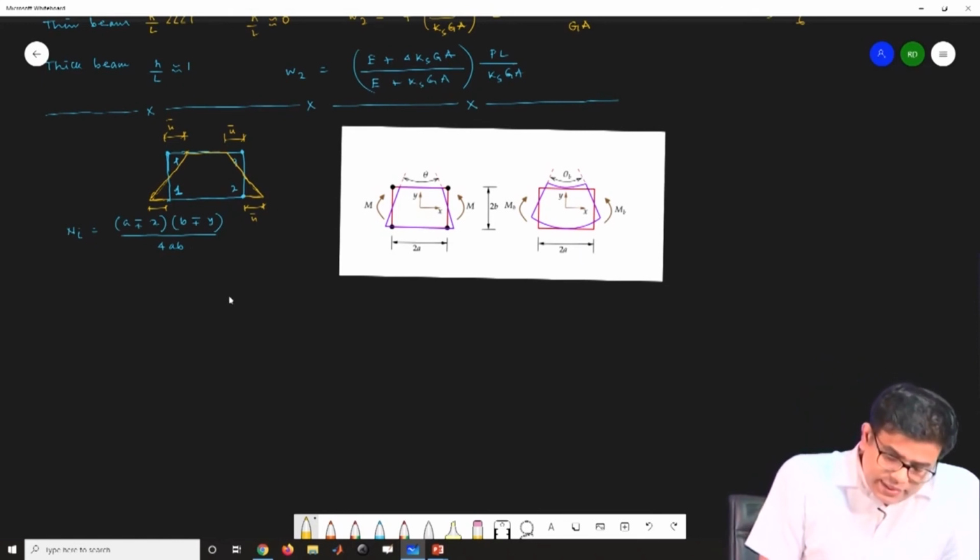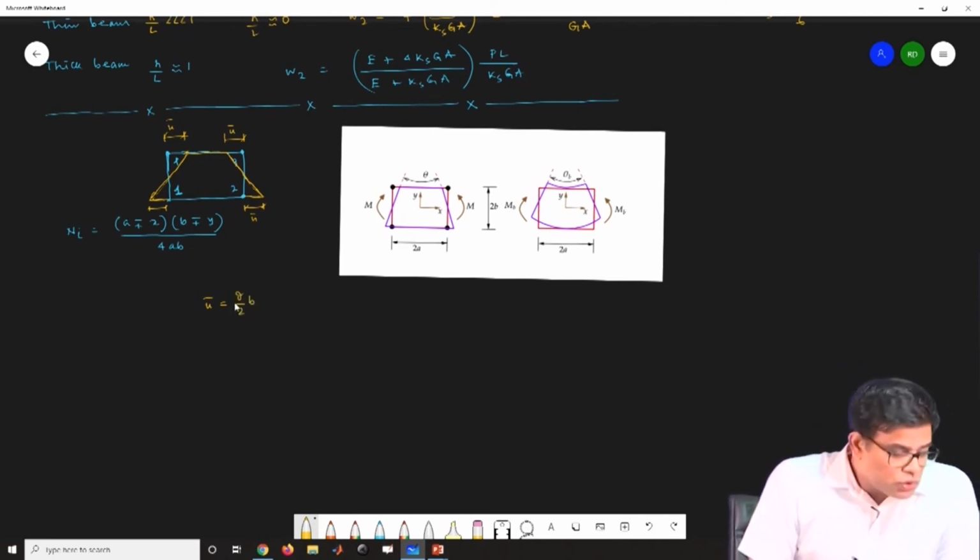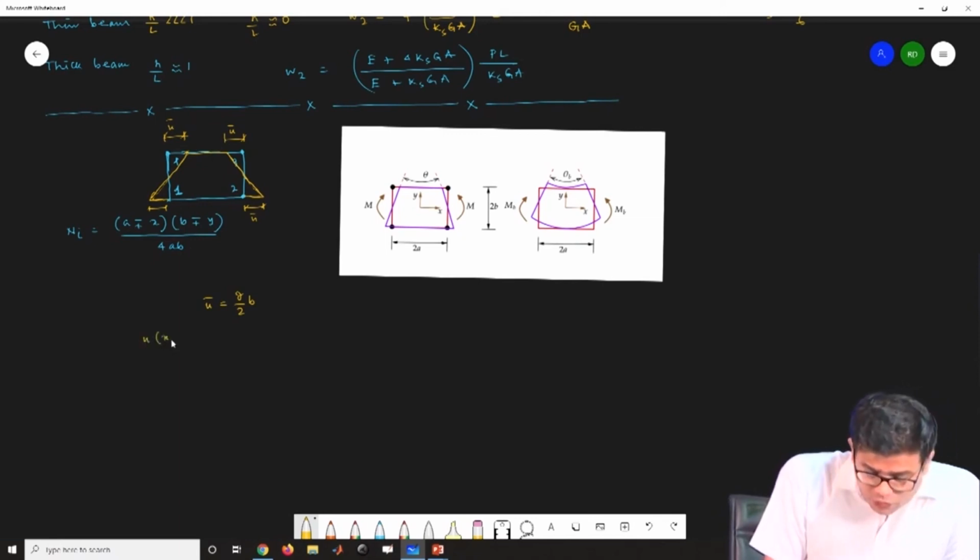For the element subjected to a moment m under pure bending, u bar is nothing but theta by 2 into b, with theta small. So u of xy for this element is minus xy by ab into u bar.